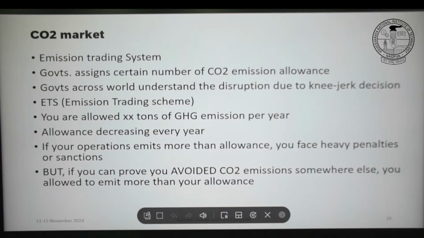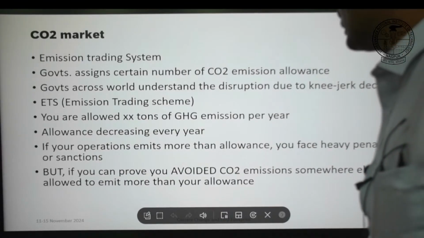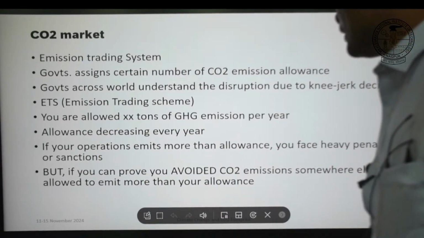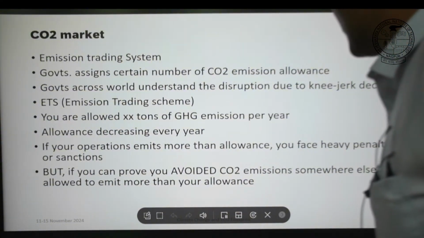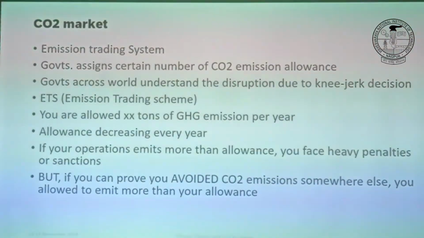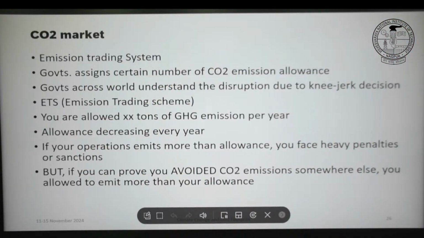In the earlier years of this ETS, what governments in Europe allowed is, for example, as a company in Europe, I am given X tons of allowances, and I am releasing X plus 10. So normally I will have a penalty on 10 tons.